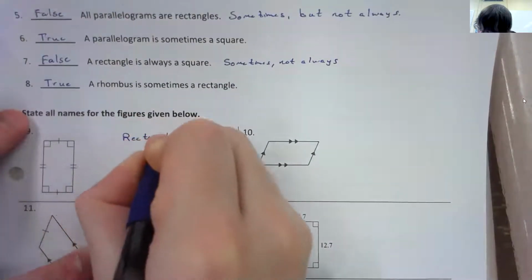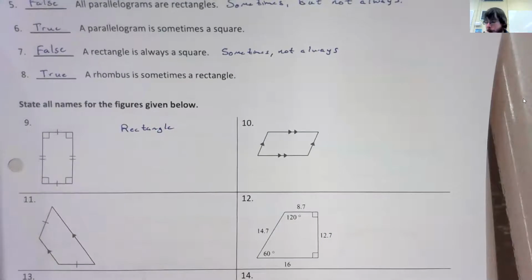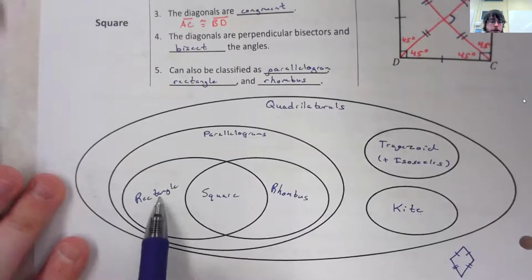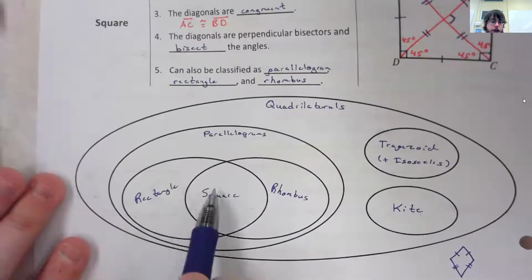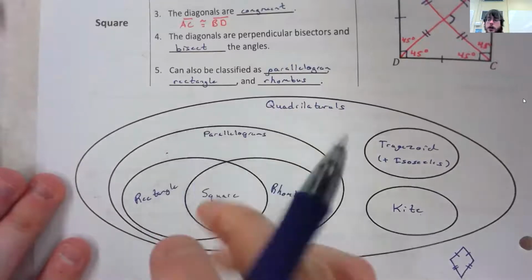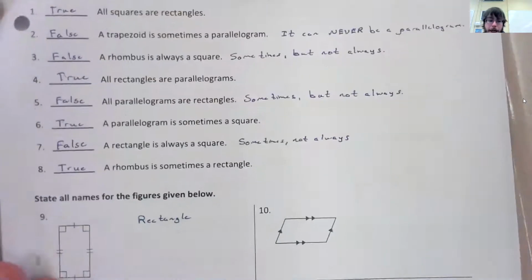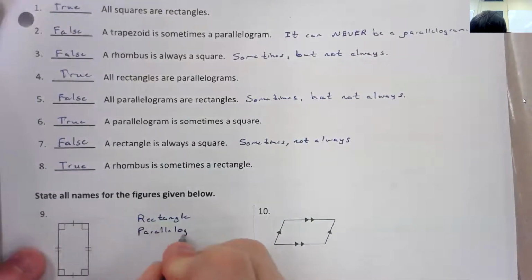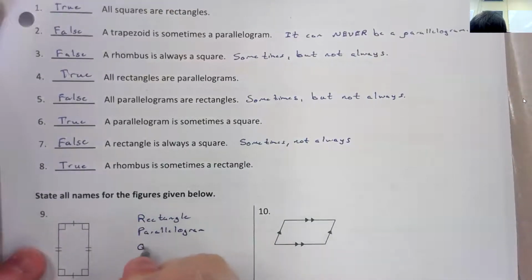And are there any other things we could classify it as other than a rectangle? Well, again, Venn diagram, a rectangle. So it's just a rectangle, it's not a square. So a rectangle to a parallelogram to a quadrilateral. So we would name this a rectangle, parallelogram, and quadrilateral.